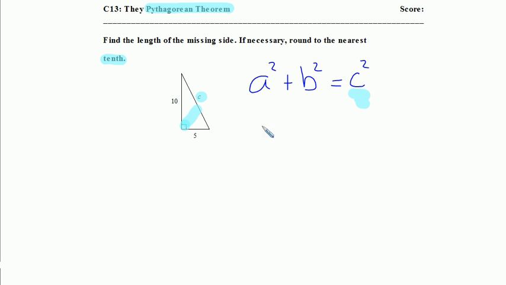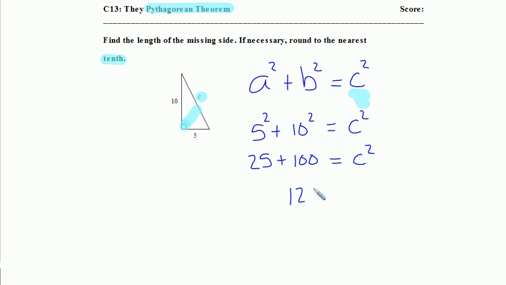So we can put in 5 squared plus 10 squared and set that equal to this side as C squared. 5 squared is 25. 10 squared is 100. So 25 plus 100 is still equal to C squared. 25 plus 100 is 125. So 125 equals C squared. But we don't want to know C squared. We want to know C. So let's take the square root of both sides.